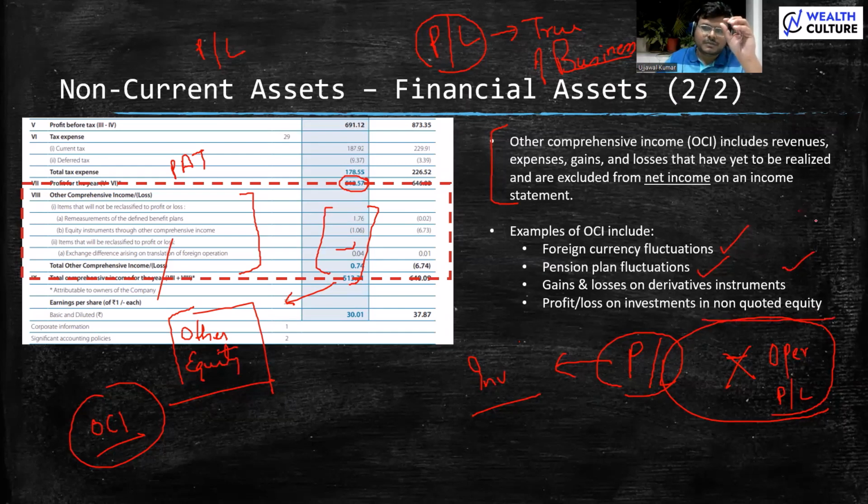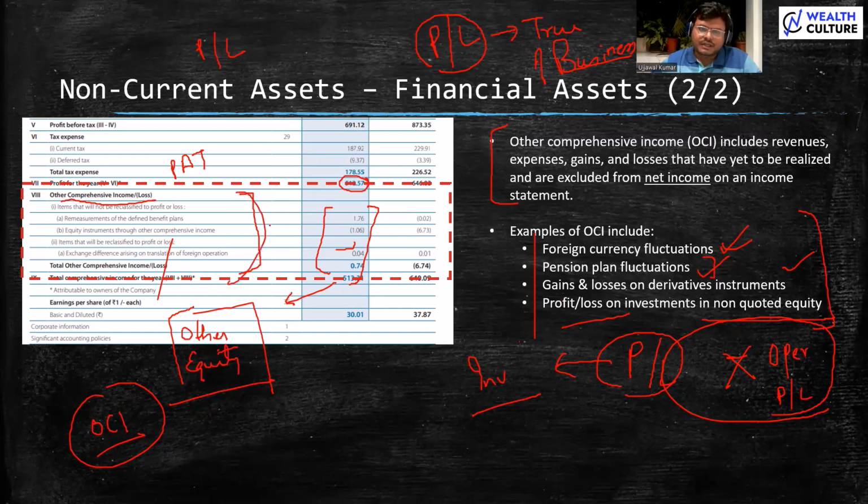These are all investments, either financial assets or elements arising because of foreign currency fluctuation or something related to pension, which is obviously a profit or a loss, but not part of the core operation. And hence we want to separate that. We don't want these line items to affect the profitability of the business, and hence we book them under other comprehensive income.